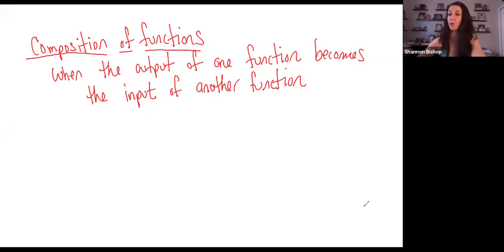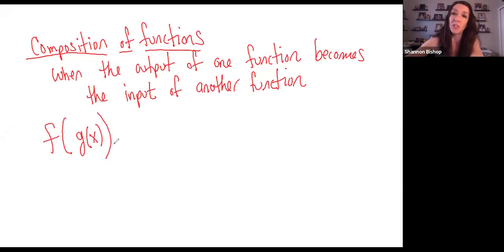As far as notation is concerned, what this is going to look like notationally speaking is f of, but then here's where the composition comes in, g of x. Normally function notation just says f of x or f of t.